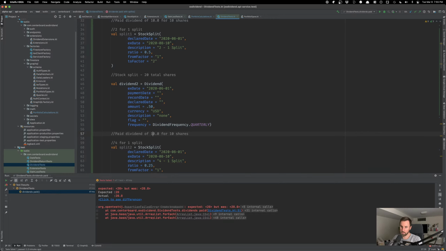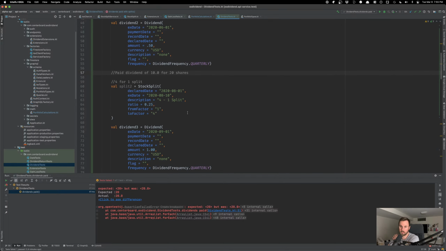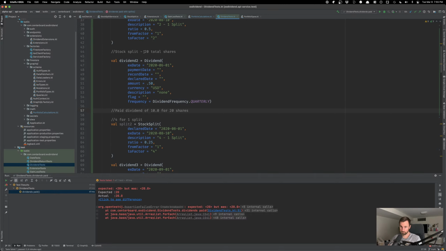So then we're going to be paid a dividend of, so we have 20 shares, 50 cents, right? So we're going to be paid another $10 for our 20 shares, right? And then the stock's going to split again.